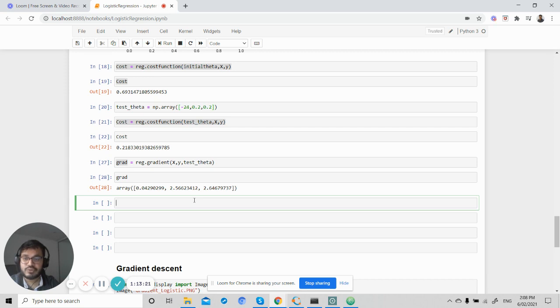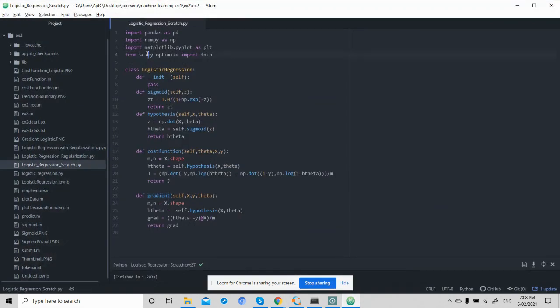So now we are going to use gradient descent. We have to choose theta, and we need to do an iteration to calculate the optimal value of theta. If we use the fmin function of SciPy, this will give us the optimized value of theta. So this is the advanced optimization method.